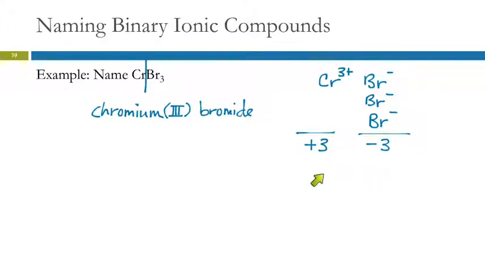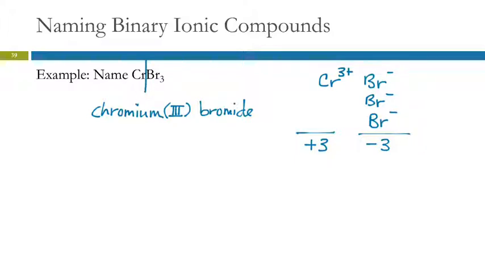Yes, the charges cancel each other out, essentially. The +3 charge on the chromium combined with the 3 -1 charges give us an overall neutral compound. No, because the 3 tells us that there are 3 bromines.